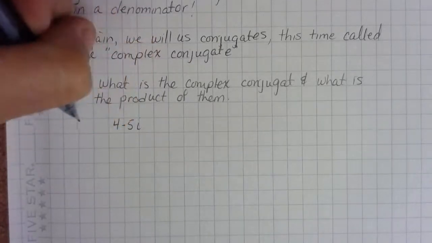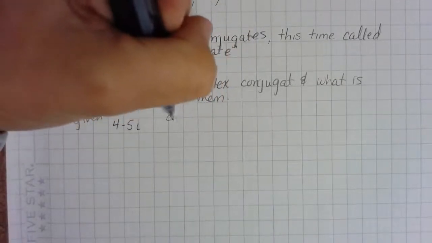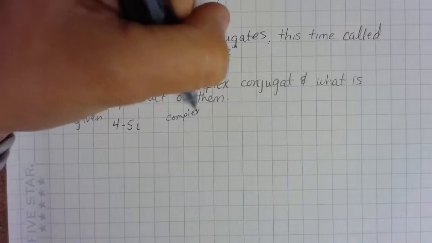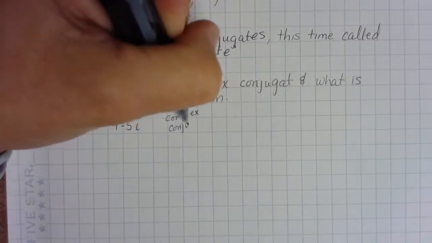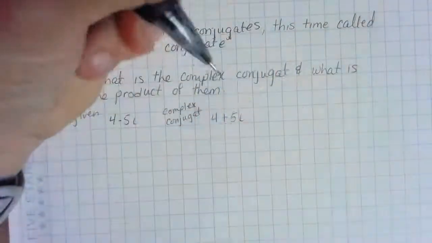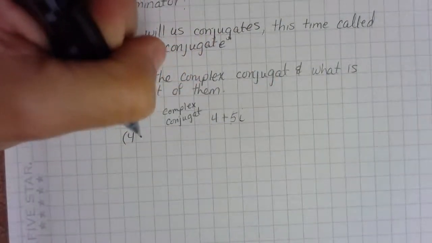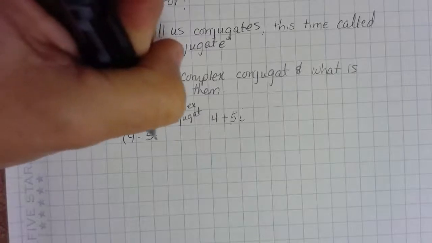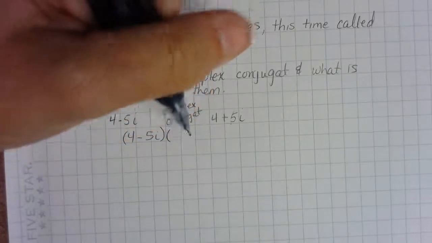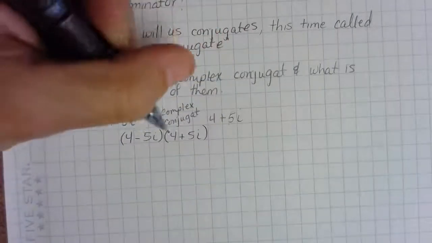This is given. The complex conjugate would be 4 plus 5i. And if you do have a Casio, you can type that in just to make sure you don't end up with an i. That's the telltale sign. If you multiply these two things together, you should not have an i. So let's try it and show how it works.